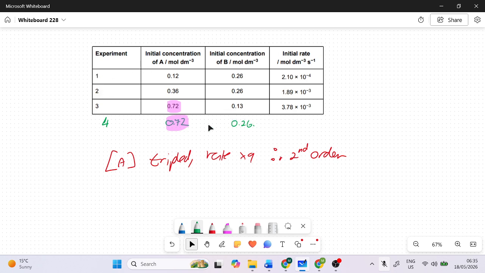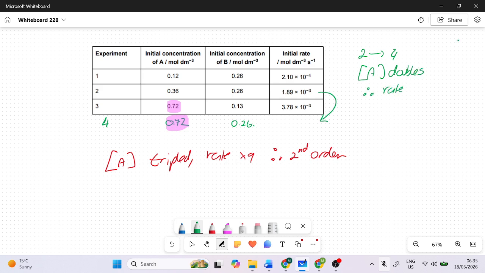So here I would be changing then, comparing these two. That remains the same, that has doubled. Now, how do I go from experiment 2 to a rate for experiment 4? This doesn't have to be another experiment. You don't have to actually do the experiment and measure it. From experiment 2 to experiment 4, concentration of A doubles.